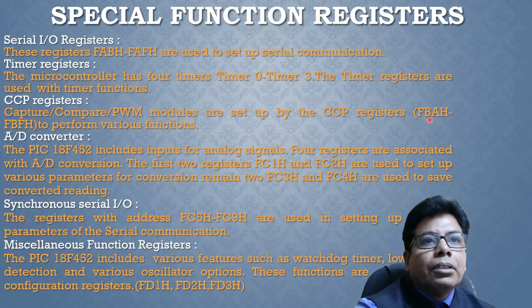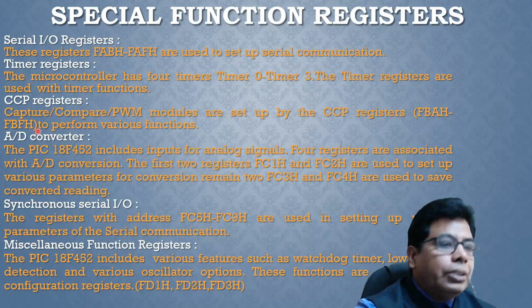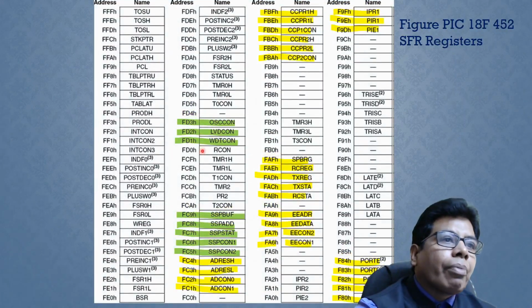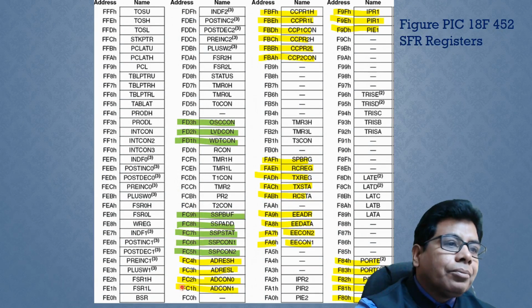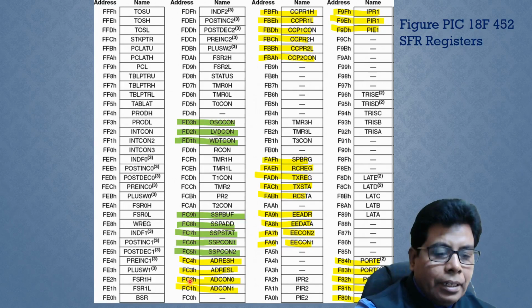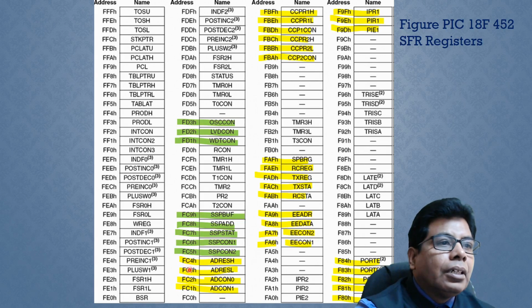Capture FBA to FBH. Then these are the C1, C2, C3, C4. Again, they are the configuration registers.